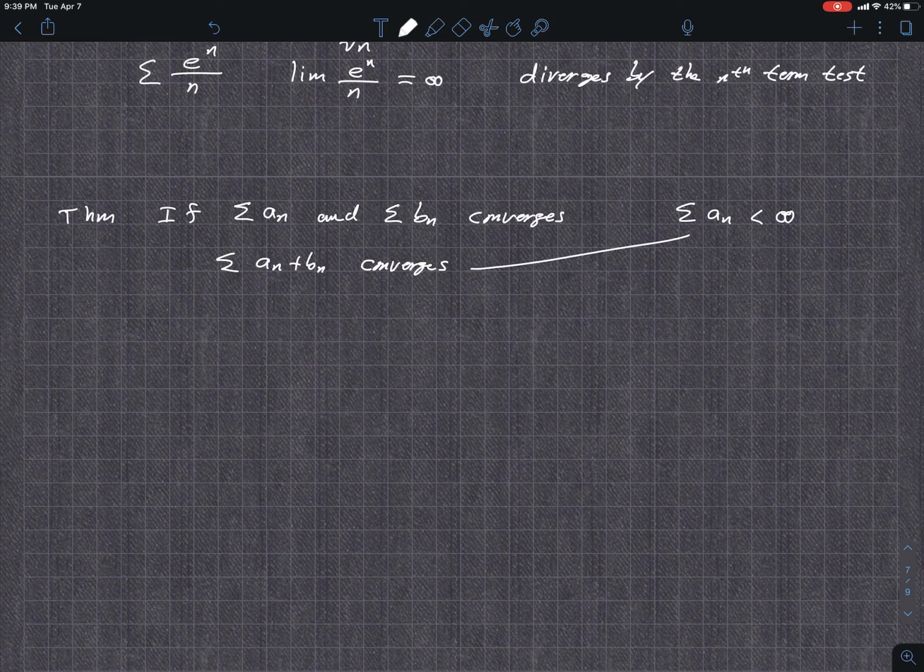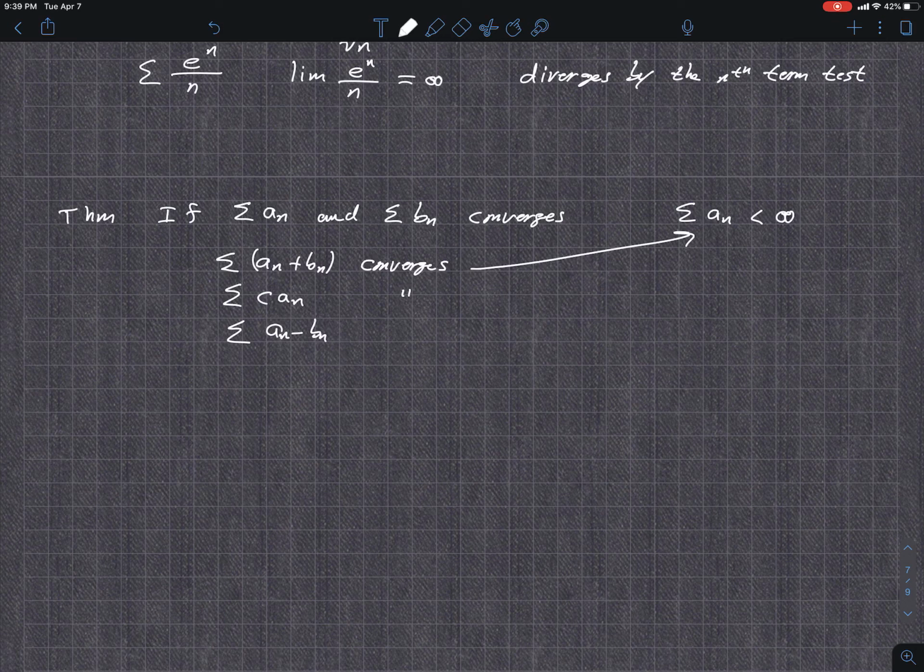Some of the advanced books I used to use would write this as less than infinity, just to speed up the notation, which basically implies it converges. Sometimes I might slip up and do that. In any case, that sum would converge, and it converges to whatever these converge to.